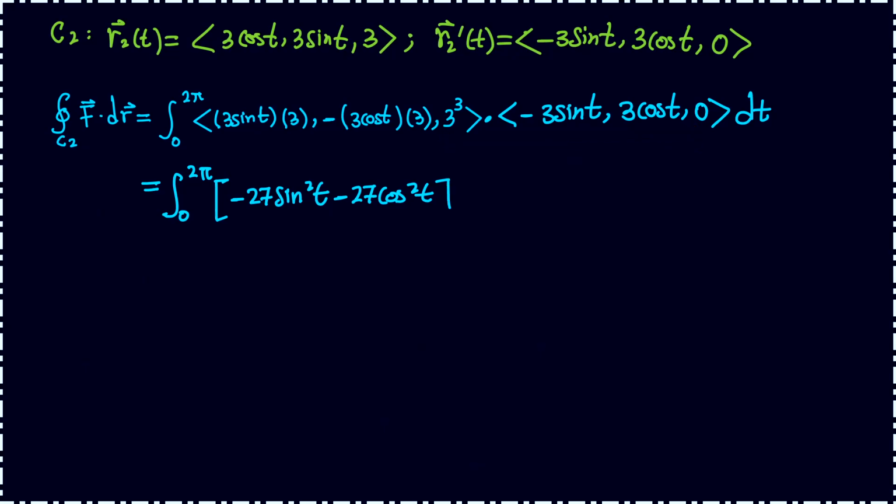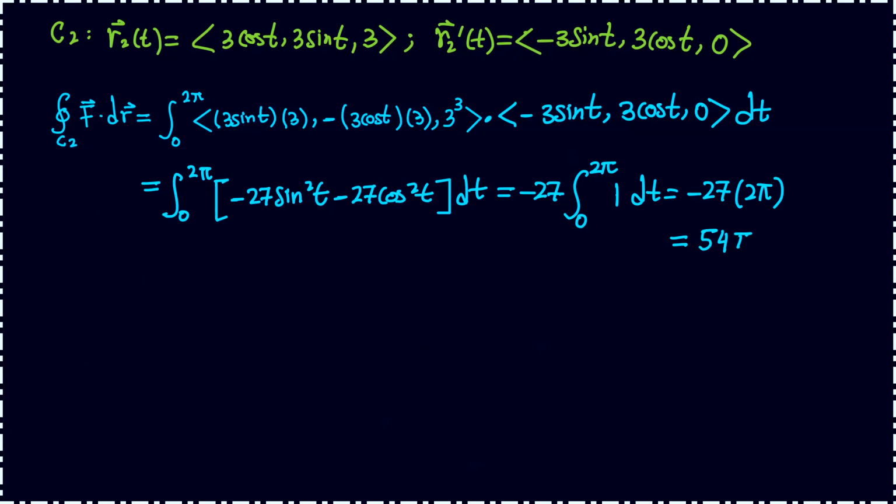So we are left with this integrand. And once again, you can take out the negative 27 and get the integral from 0 to 2 pi of sine squared t plus cosine squared t, which is 1. Okay, and that gives you negative 27 times 2 pi. All right, and the answer here is 54 pi.